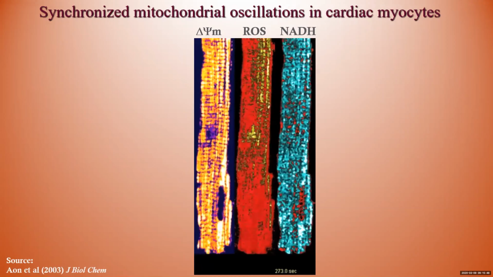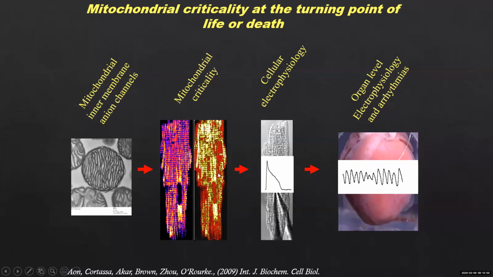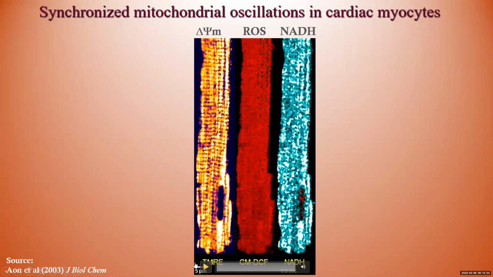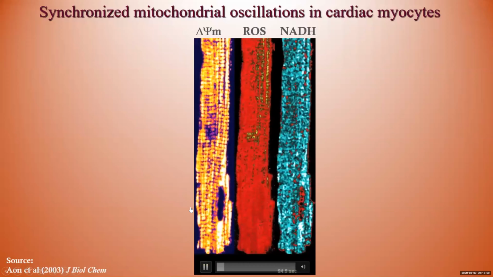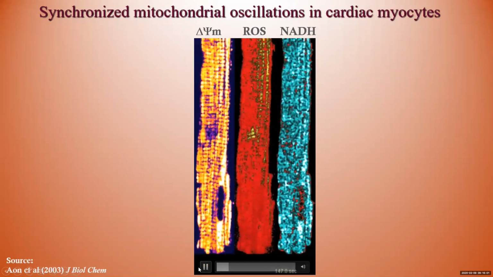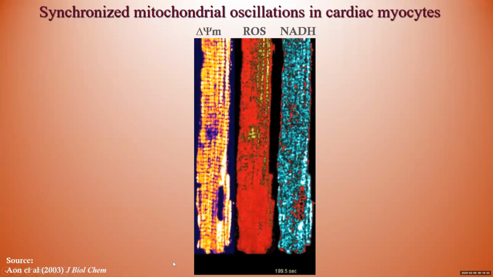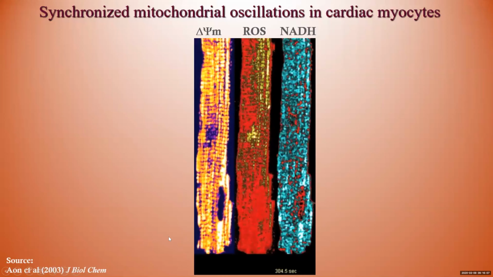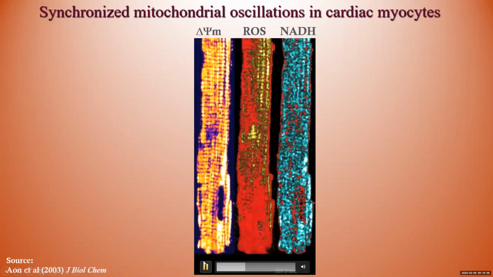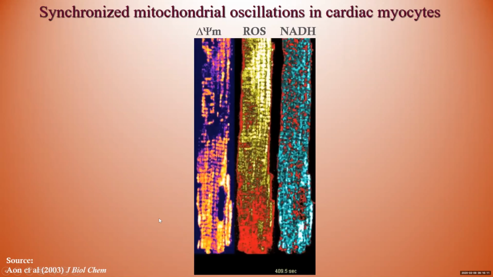At a certain point there will be a whole blackout of the cell, and a new phenomenon will emerge there, which is sustained oscillations synchronized throughout the mitochondrial network at that critical stage.